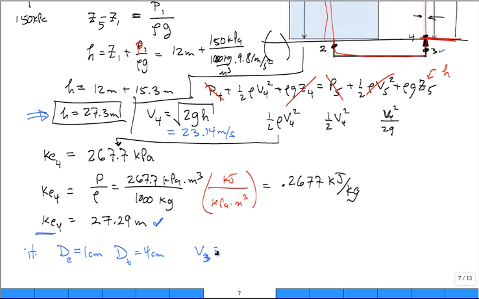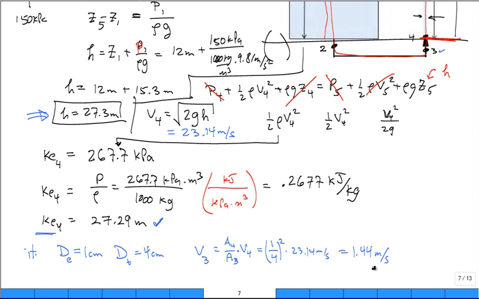So we got that V3, let me clean this up a little bit, V3 is equal to the area of 4 divided by the area of 3 times V4, true, from continuity. The area goes as the diameter squared, so you had 1 over 4 squared times the 23.14 meters per second, and so we calculated that V3 was 1.44 meters per second.